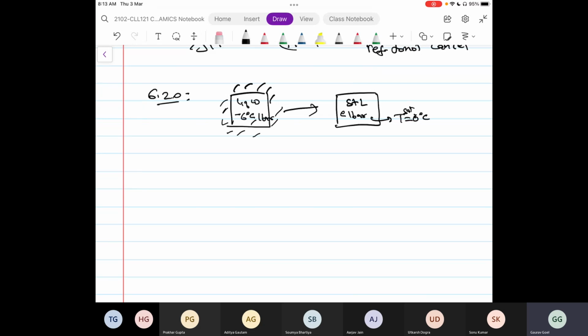So I know the final temperature, 0 degrees Celsius. What I don't know is how much mass of liquid, or fraction of liquid, is present in the final state. Okay, the initial state is all liquid at a metastable state, minus 6 degrees Celsius and 1 bar. In the final state, I have solid plus liquid coexistence at saturation conditions.